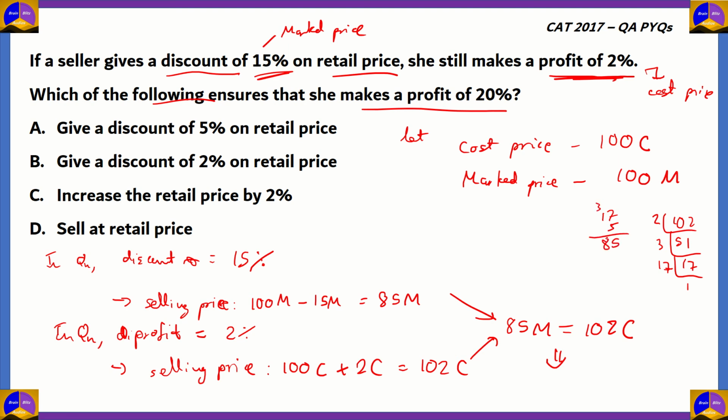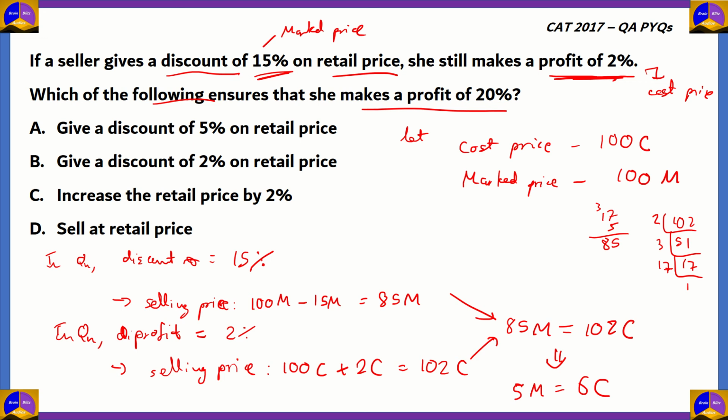So basically, both 85 and 102 are divisible by 17. So it'll be 5M on the left-hand side, and on the right-hand side, it'll be 6C. So now we got the relation 5M equals 6C.